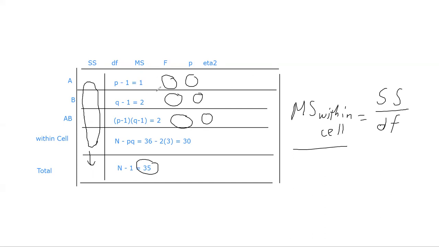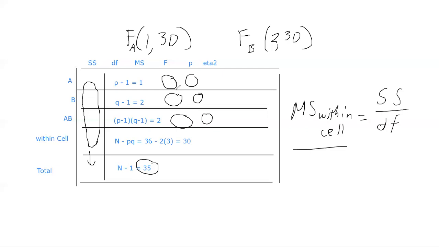However, they might have different critical values, because notice that the critical value we're going to be comparing this F obtained to is going to be 1, 30 for my F of A, whereas for my F of B and my interaction, I'm going to have 2, 30. So I'm going to be looking at a different spot on my critical value chart, my F table, just because the degrees of freedom are changing.